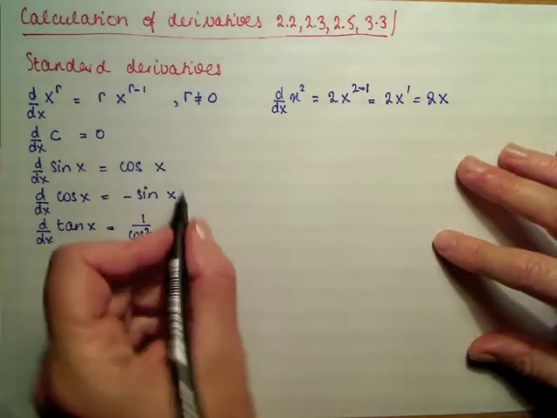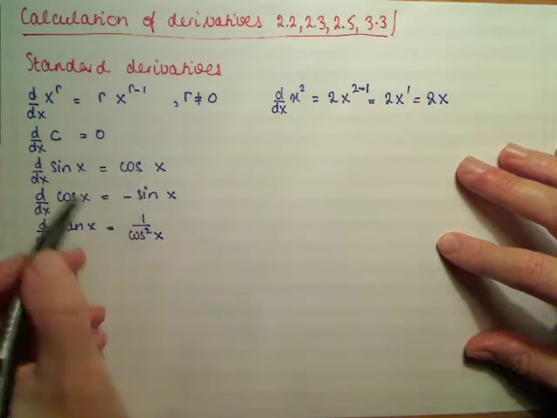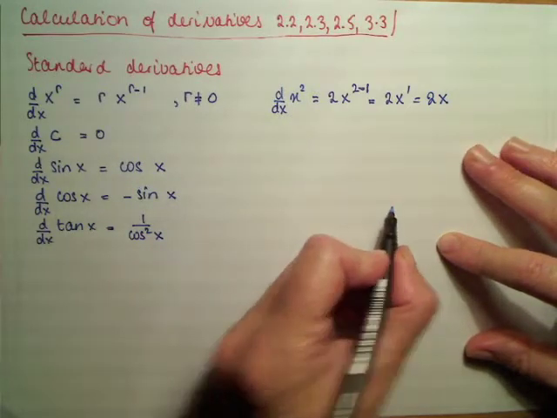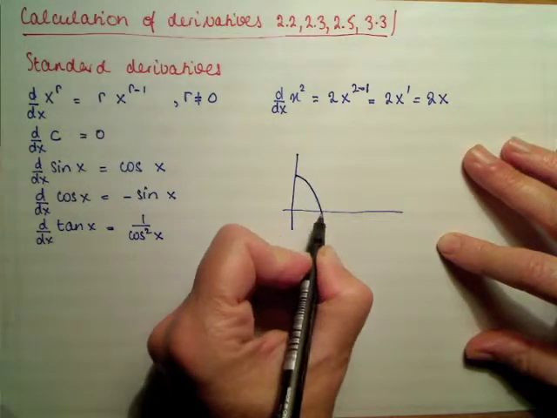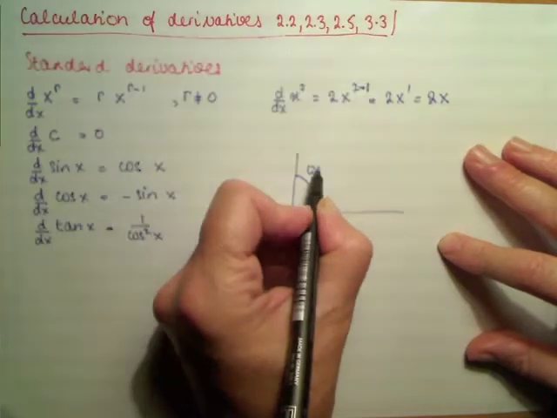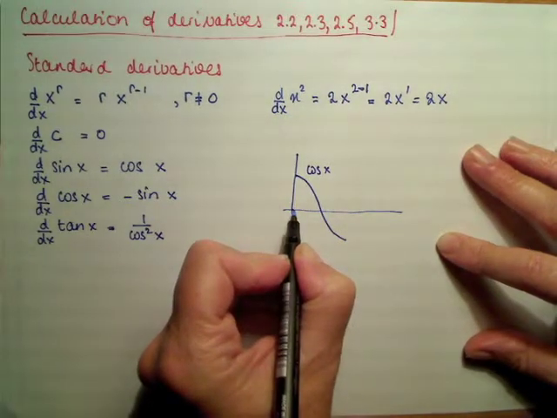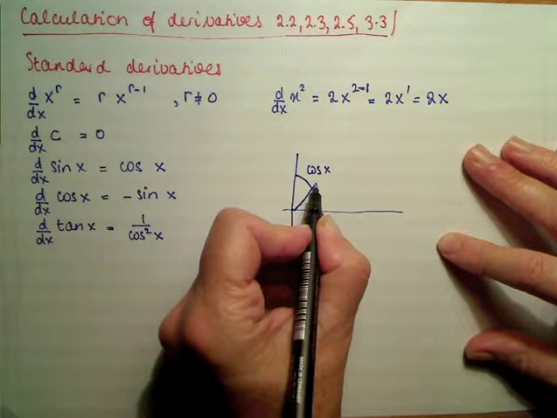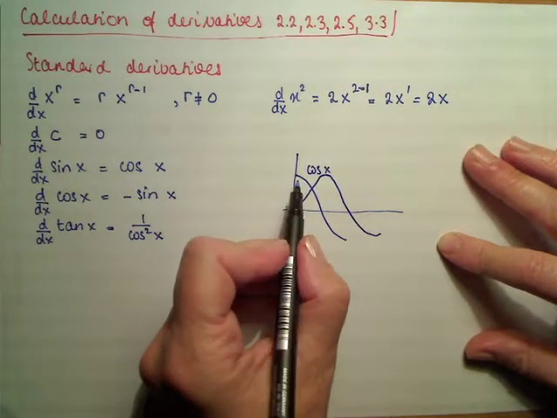Okay, so can we at least remember a little bit the relation between the derivatives of sine and cosine? Well, if you look at the picture, then cosine goes like this. Sine is going up first and it goes like this, so it's a little bit shifted.